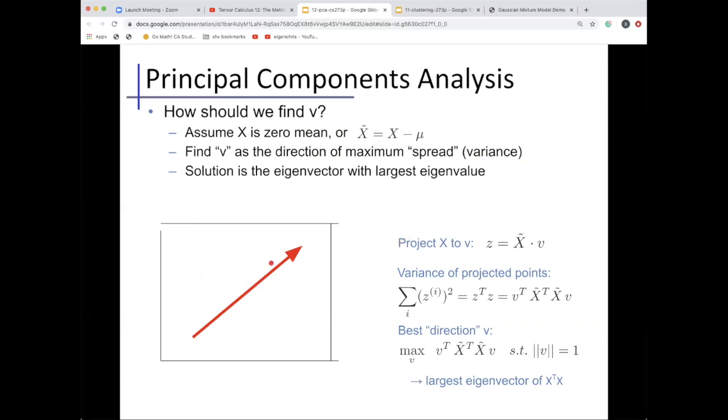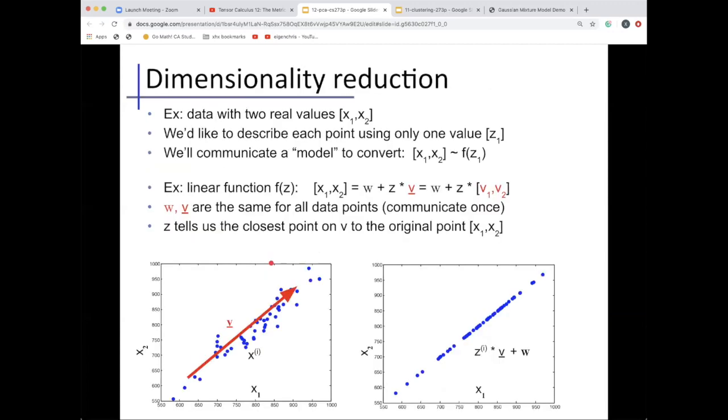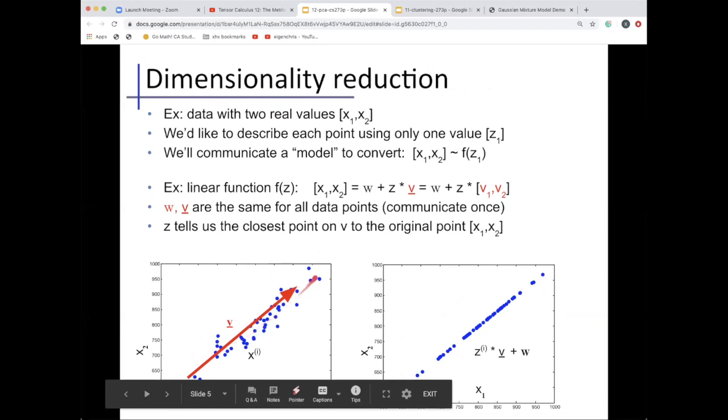So you have lots of data here, you look at this, and which direction should you map this data to? Clearly from this, I can choose direction V this way, or I can choose direction V along the other direction.